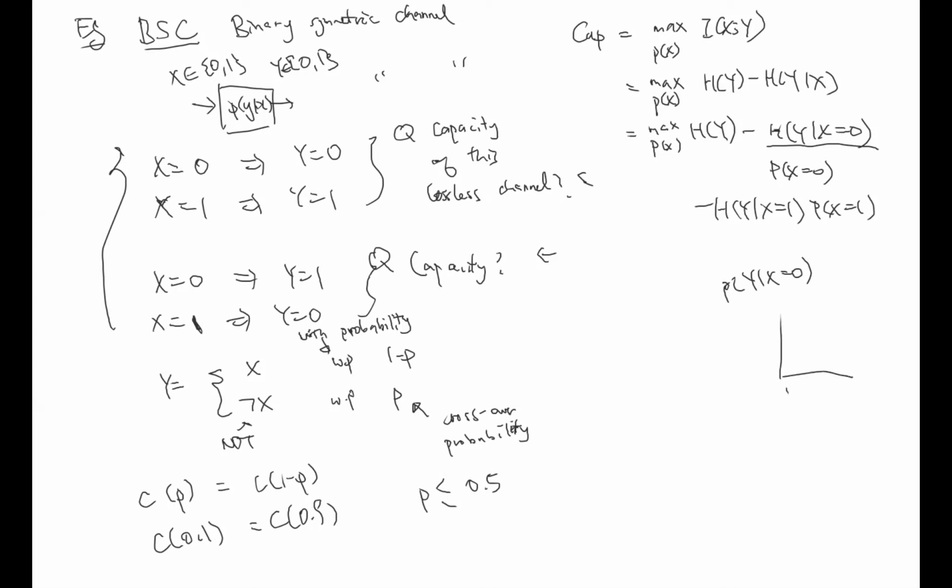When x equal to 0, y equal to 0 has probability 1 minus p, and when x equal to 0, y equal to 1 has probability p. Therefore H(Y given X equal to 0) is just equal to the entropy of this distribution.